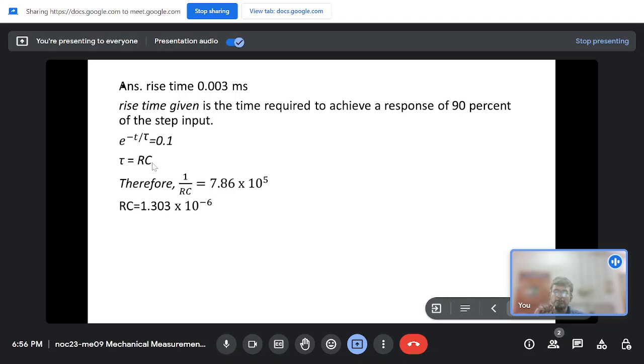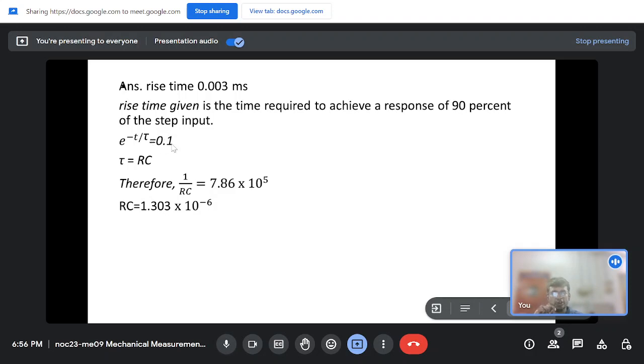We have to find out the resistance and capacitance in this case, and we know that the time is 0.03 milliseconds to reach the 90% of the steady state value. So that is known. So when we substitute t as 0.03 milliseconds, and we know that the remaining value to be reached is 10% of the steady state value.